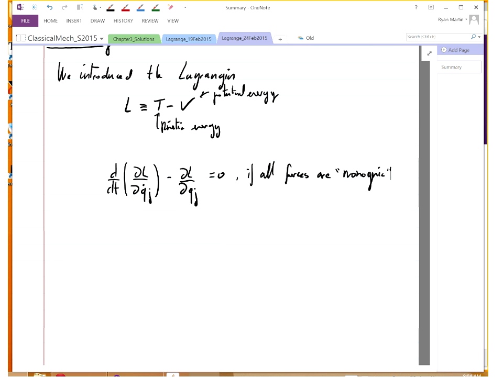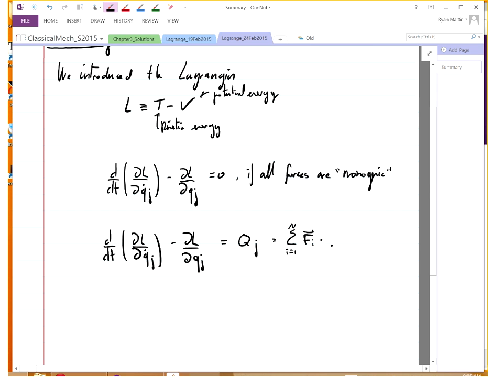If there are non-conservative or non-monogenic forces, then the equation of motion is the same, but instead of equaling 0, it's equal to the jth component of the generalized force. And the generalized force is given by the dot product of an applied force dotted with ∂r_i/∂q_j.